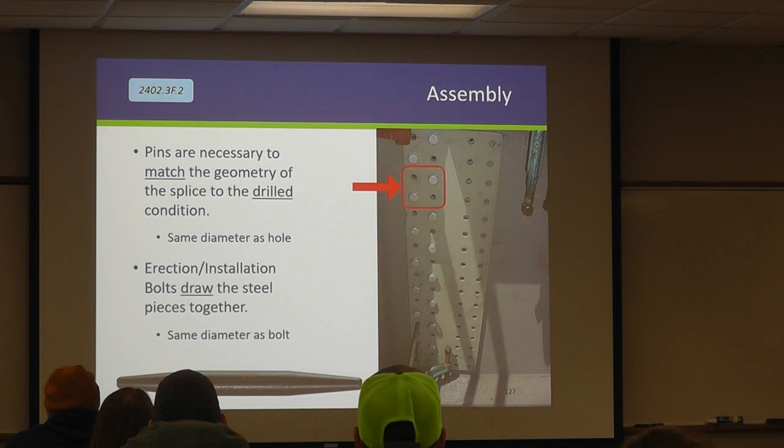It doesn't seem possible, but it is. So pins are really important. And generally, your ironworkers don't want to install pins because then they have to take them out, right? So it's more work. But I will suggest that upfront work is really necessary to prevent a lot of downstream problems.